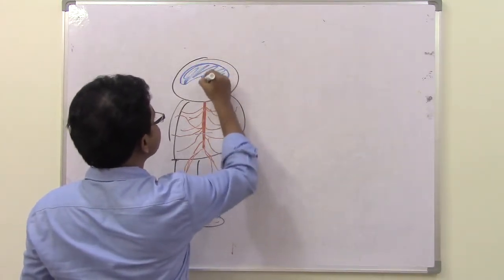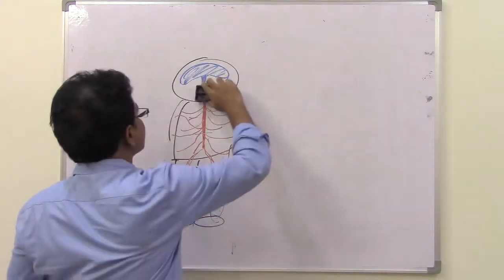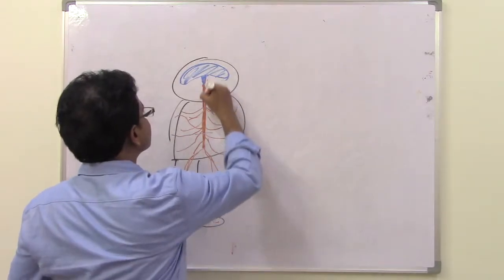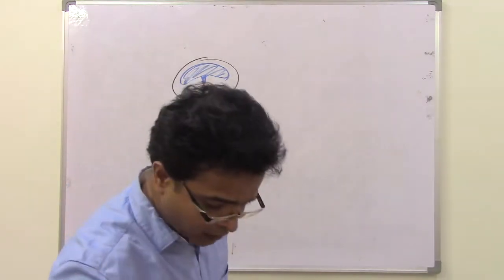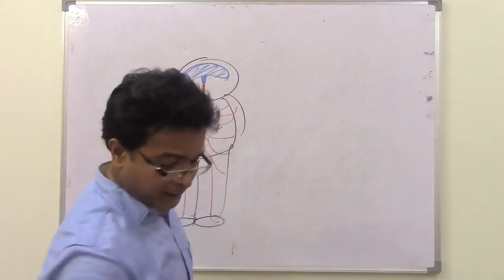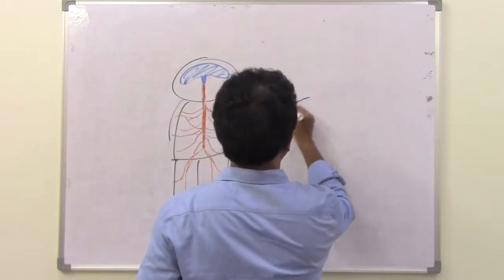This is the brain. We have the brainstem. So this is the connecting spinal cord. Now we'll see the structure of the cross section of the spinal cord.